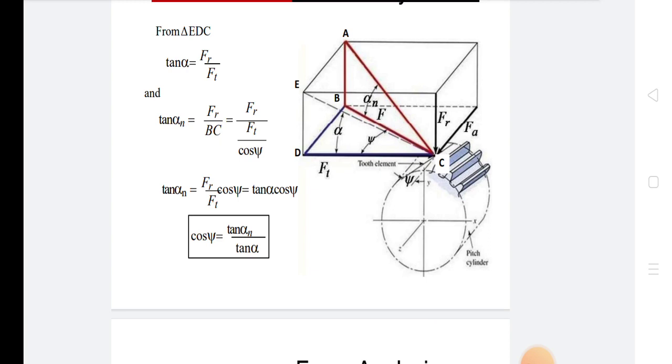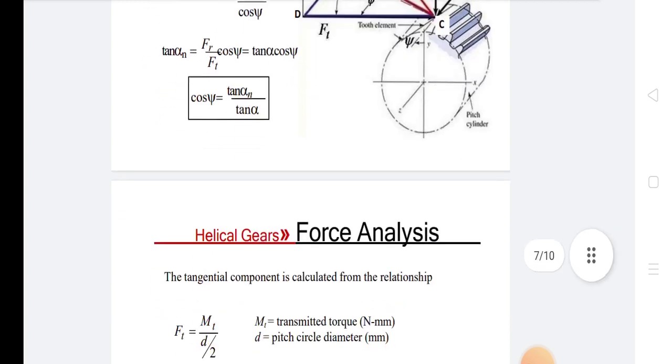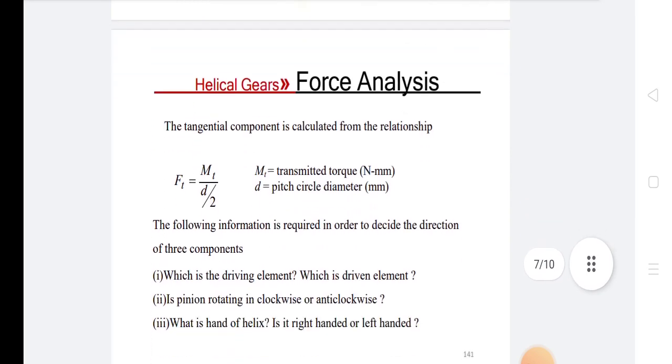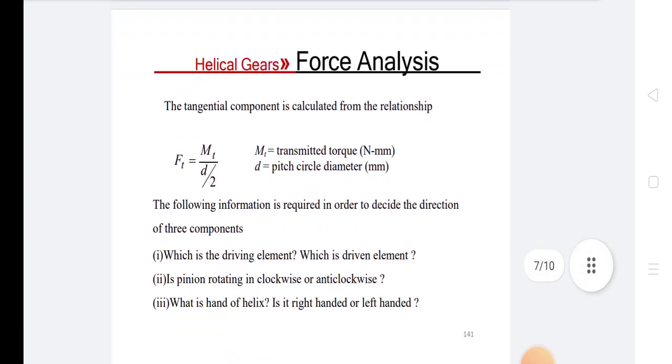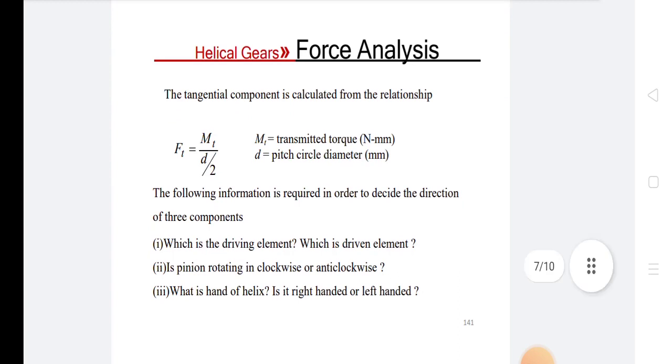Therefore, cos psi is equal to tan alpha n upon tan alpha. The tangential component is calculated from the relationship Ft is equal to Mt upon d by 2, where Mt is the transmitted torque in Newton-mm and d is the pitch circle diameter in mm.